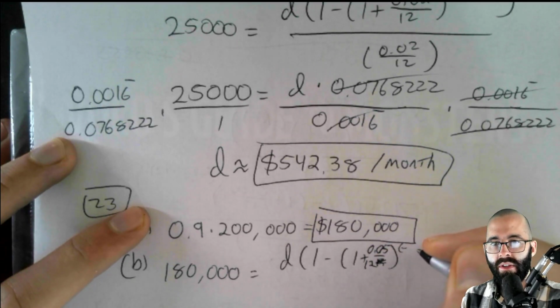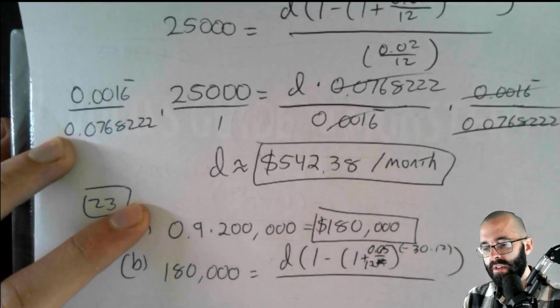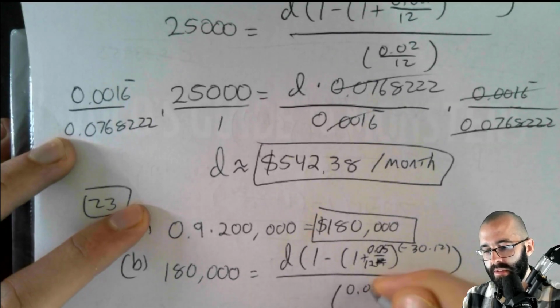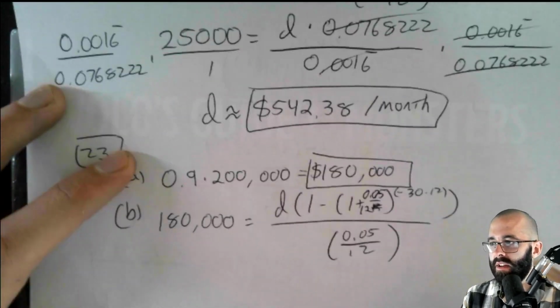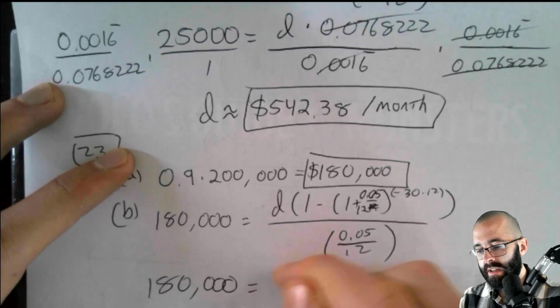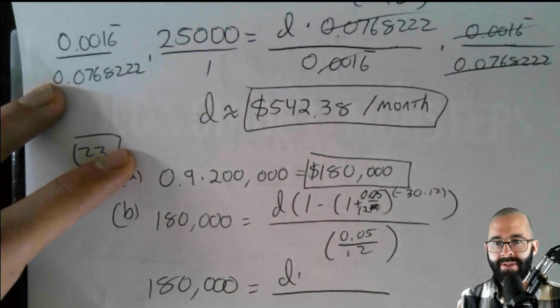It's a 30-year loan, so negative 30 times 12, divided by 0.05 divided by 12. We'll solve for D here the same way we've been solving the whole time. Type in that numerator, type in that denominator, multiply by the reciprocal. Hopefully you get the idea by now.